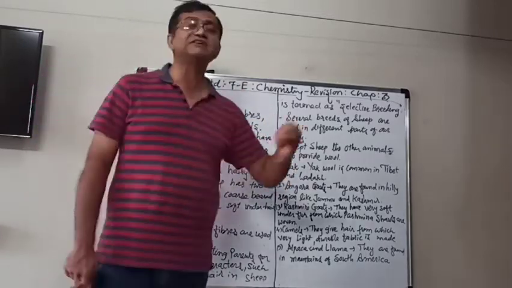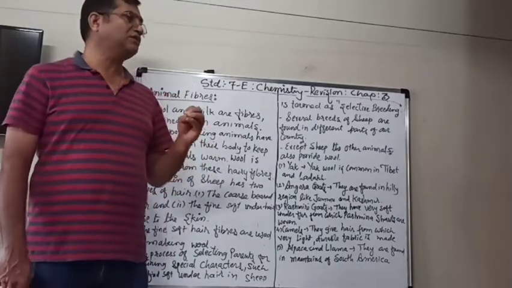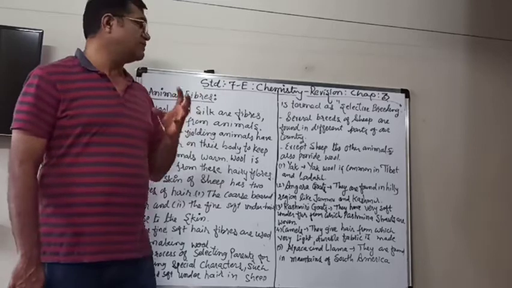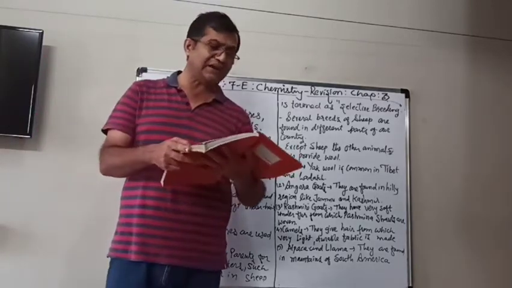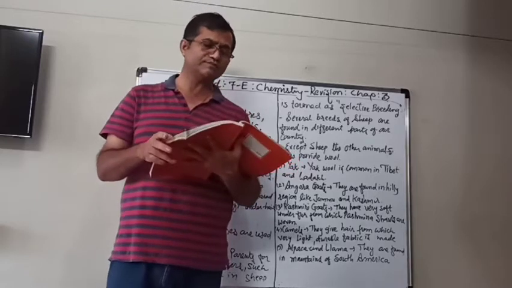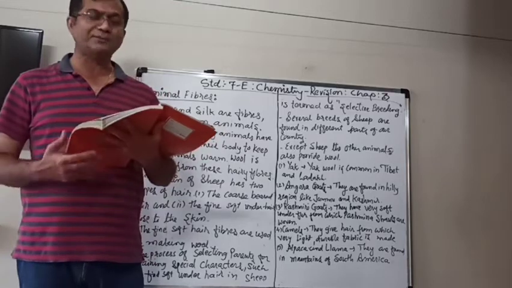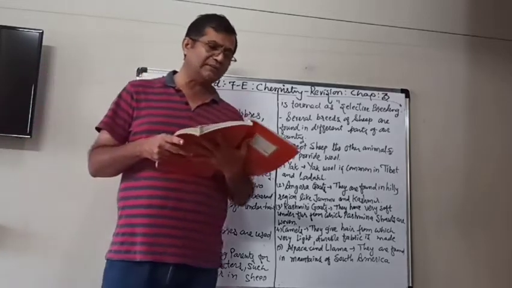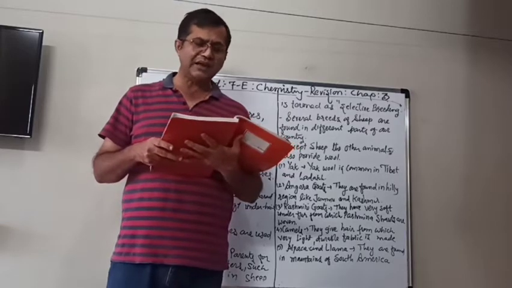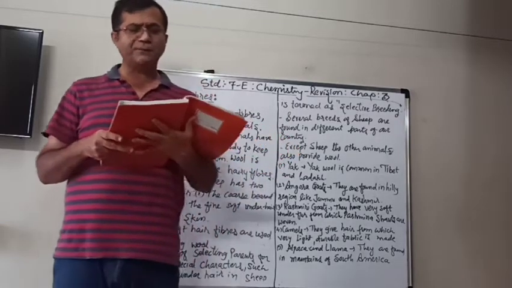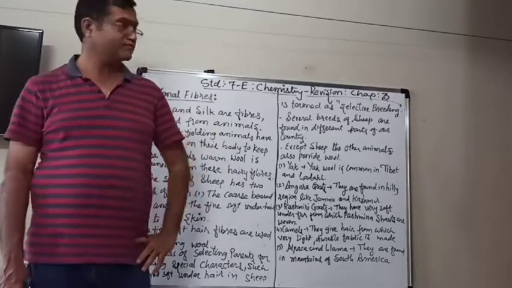And these animals are as follows. The first one is yak. Yak is generally found in the Tibet and Ladakh area. In Tibet and Ladakh area they are common, and therefore in their area that wool is obtained from this animal which is known as yak. Similarly, the other wool obtained is from Angora goats.